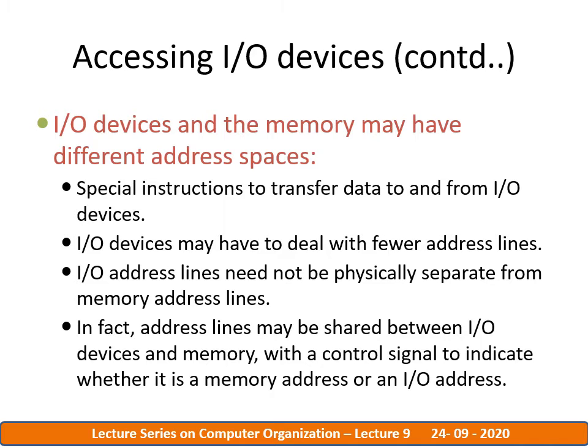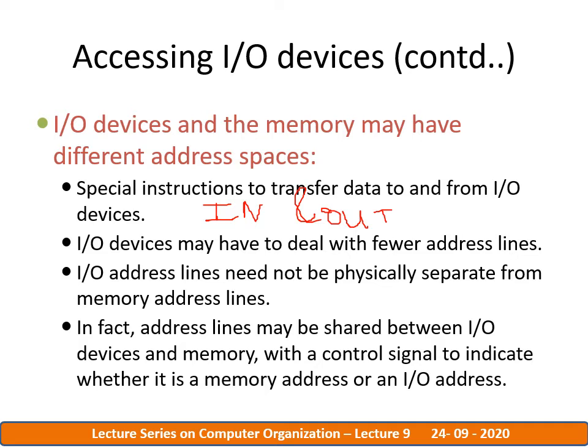In this scheme, special instructions are used to transfer data to and from input output devices. The instructions are in and out, but in the previous scheme, memory mapped IO, we use data in and data out buffer registers.